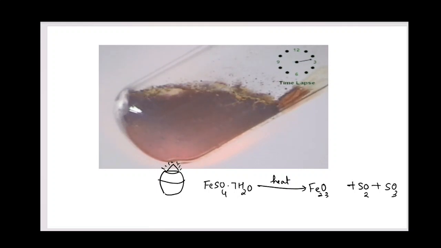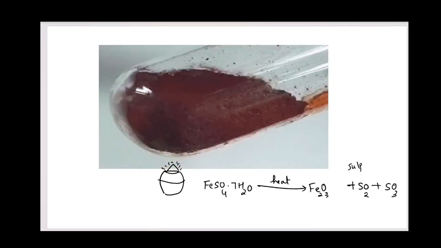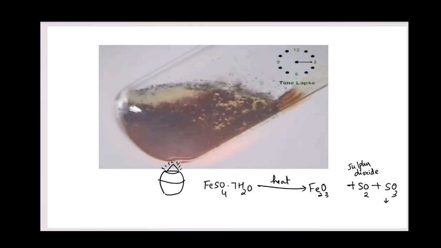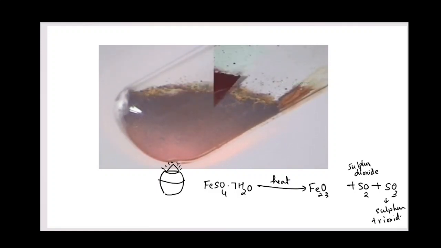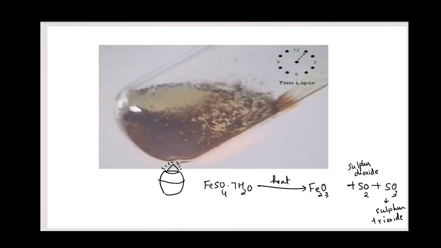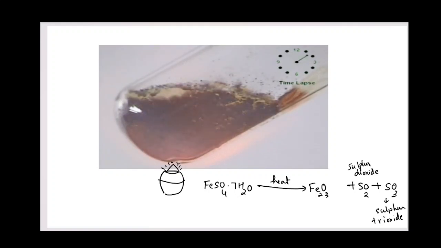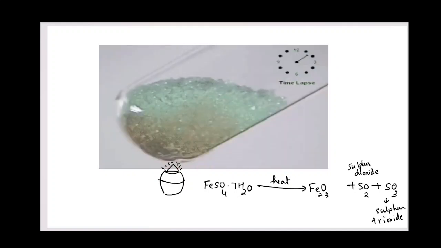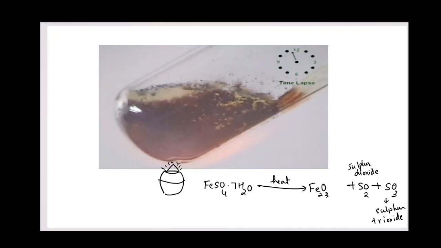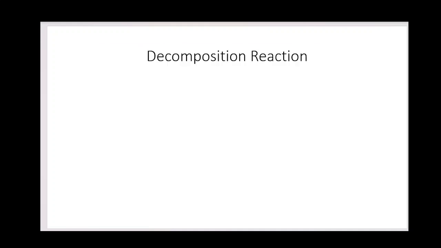Sulfur dioxide and sulfur trioxide we will get. So what happens here? When we heat the substance, it will decompose, means it will split into two or many products. That is the example for a decomposition reaction.